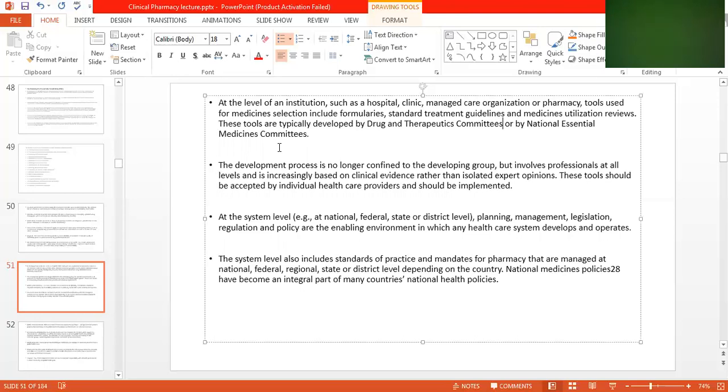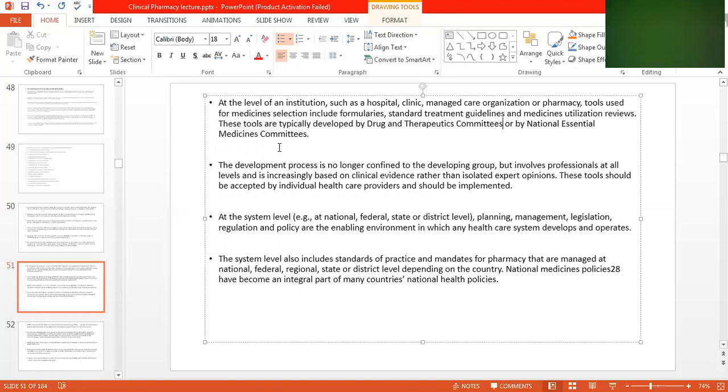At the system level, for example, at national, federal, state, or district level, geographically, we are looking at planning, management, legislation, regulation, and policies as the enabling environment in which any healthcare system develops and operates. For a healthcare system to develop and operate properly, we need certain environment such as at the level of national, federal, state or district, as well as planning, management systems, legislation, regulation and policies of our hospital.